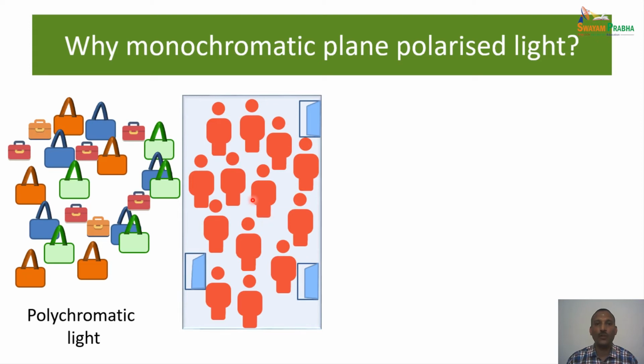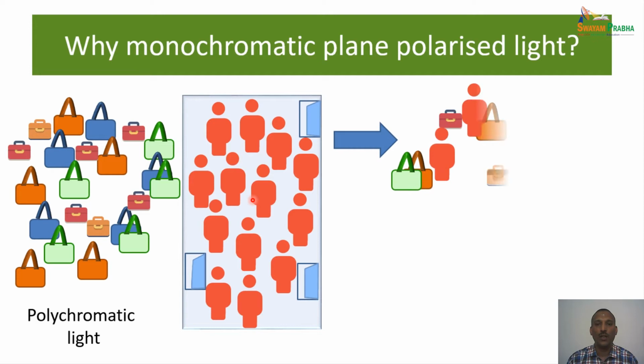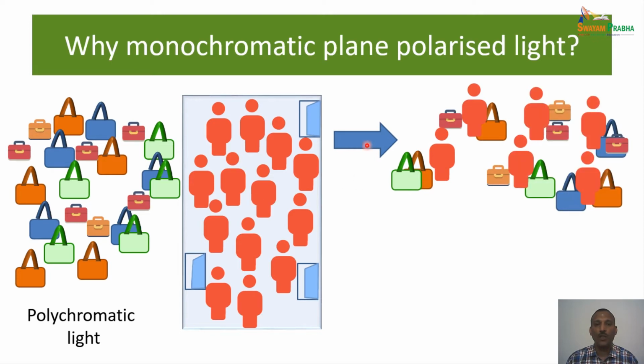Our job is to find out how many people, if people are allowed to take two bags per person, come out and how many bags they have taken out. This is going to be a big challenge because there are one, two, three exits, so we have to monitor all three exits.